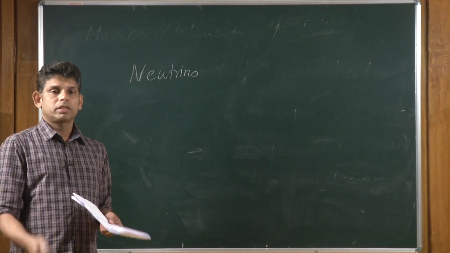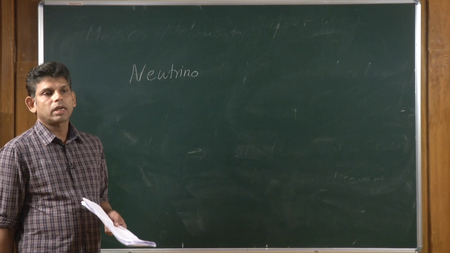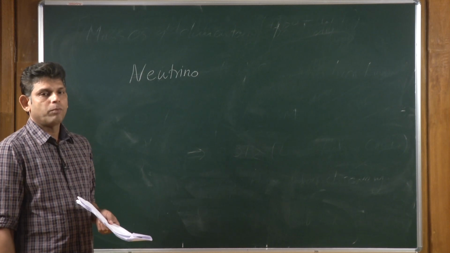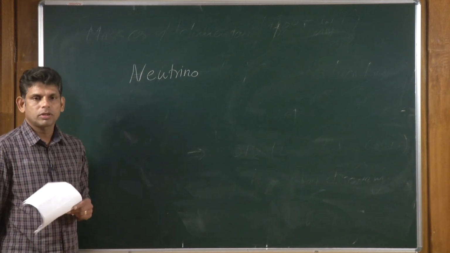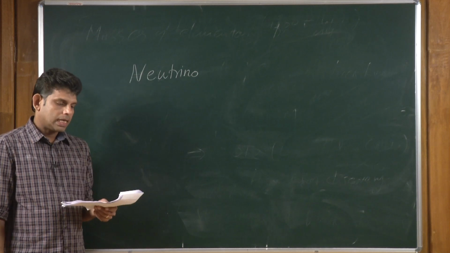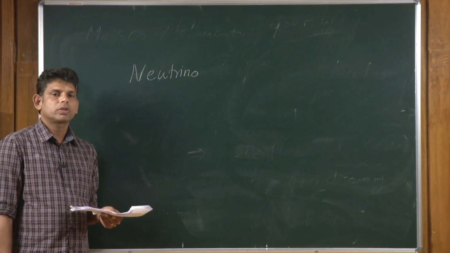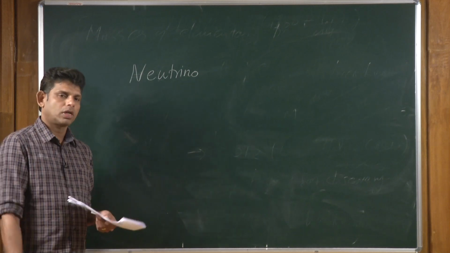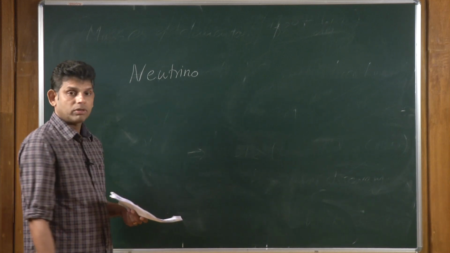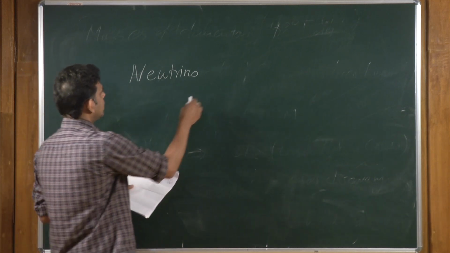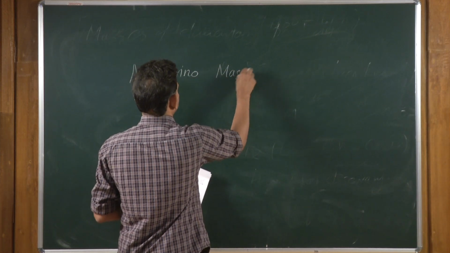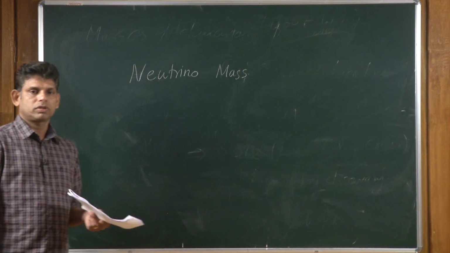In the Standard Model description, starting from beta decay where they were proposed and then subsequently discovered, it was thought that neutrinos have no mass. They of course have a very tiny mass, if they have it at all, and recently we have established that they do have some mass.